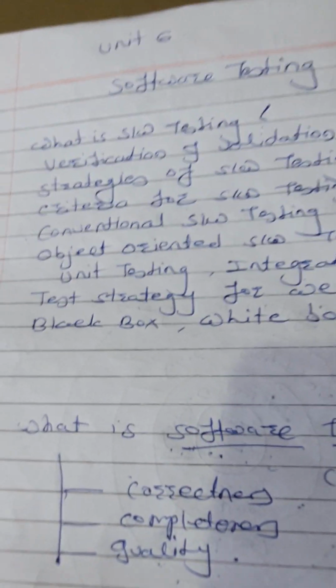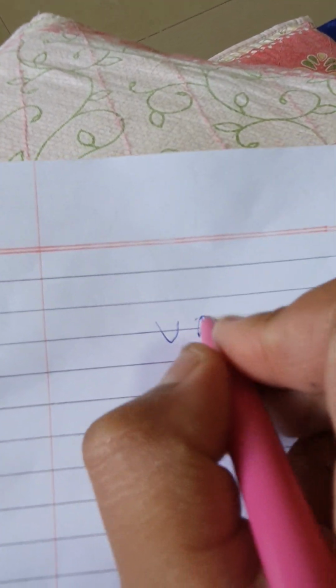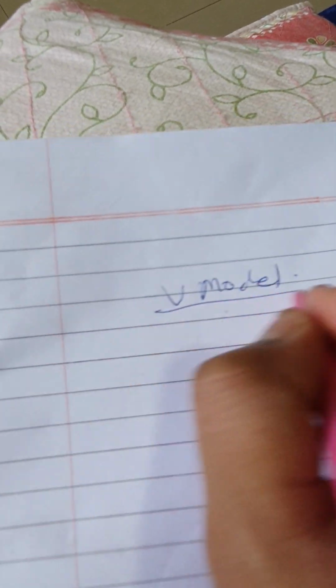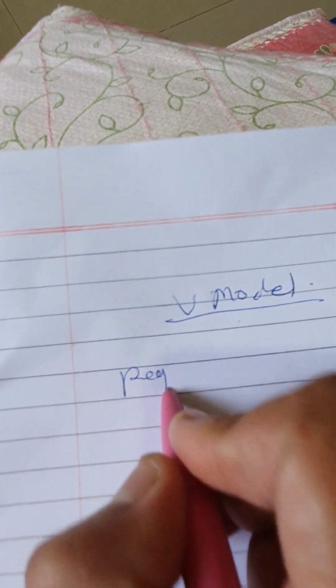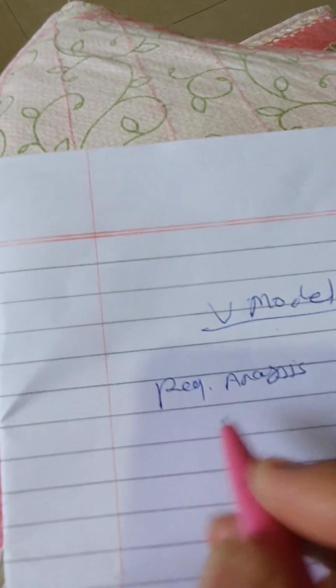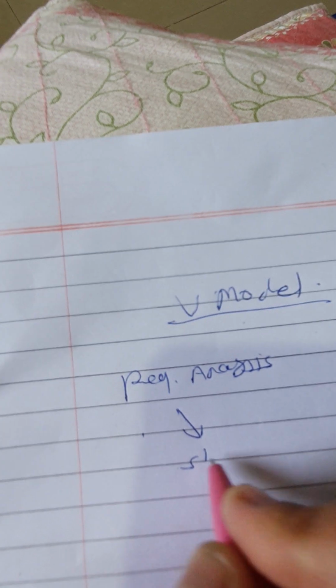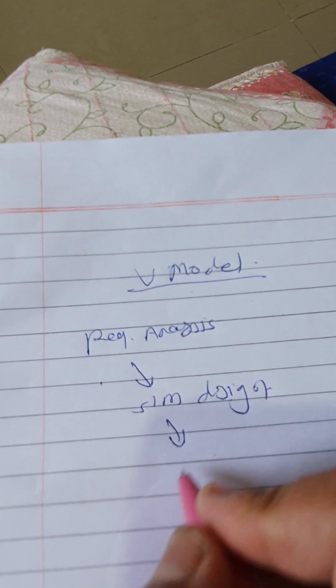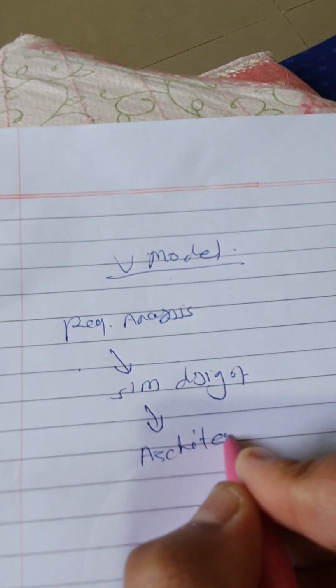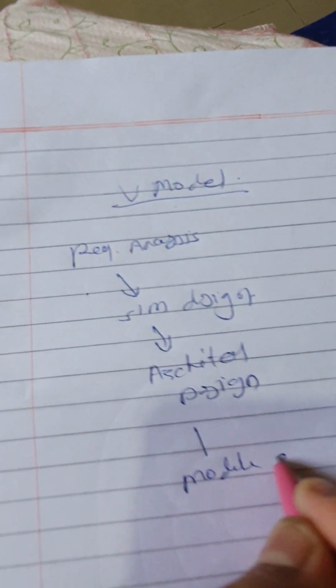So the next part is the verification and validation process, which is also called the V model. V model means, suppose requirement analysis, then system design, then architecture design, and the last one is module design.